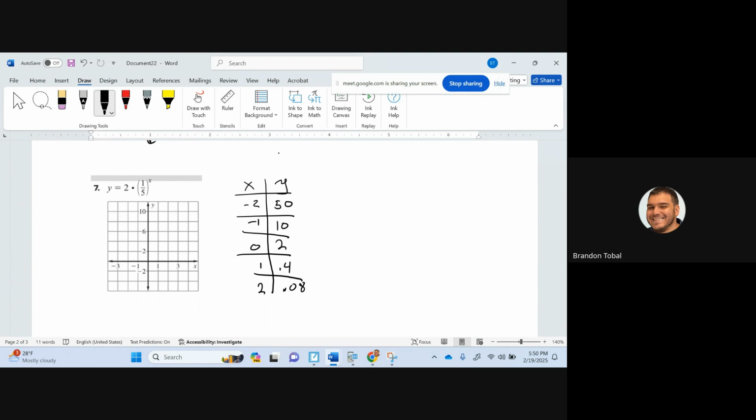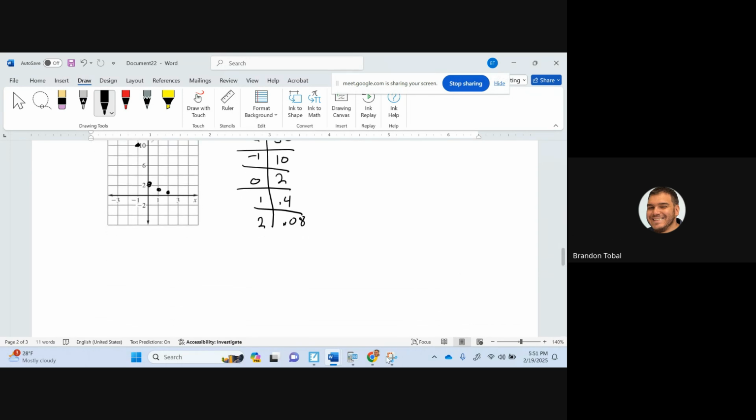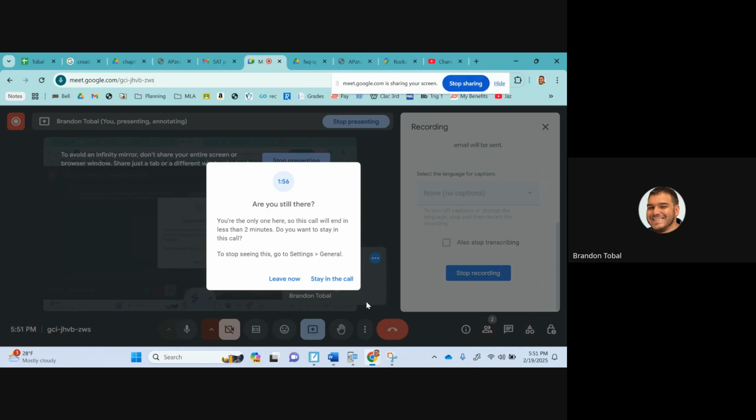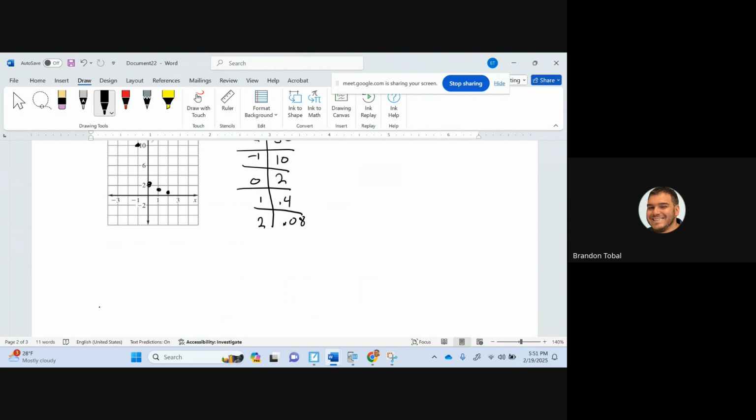So I'm just going to plug in these points. -2 comma 50, can't draw that. -1 comma 10, 0 comma 2, 1 comma 0.4, 2 comma 0.08. So give me a second. So that is for that one. Oh, and then connect the dots.